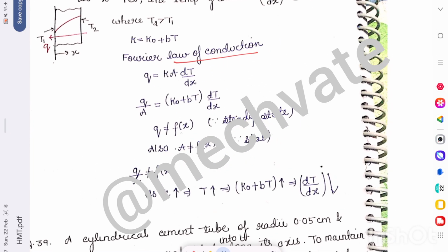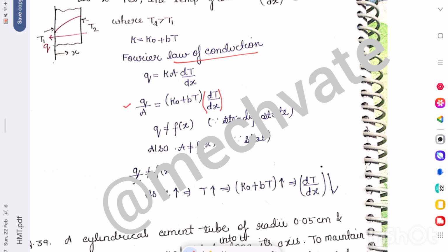So Q is not a function of x, and A is not a function of x for the case of a slab. So this one is constant, this one is constant. So Q by A is not a function of x.